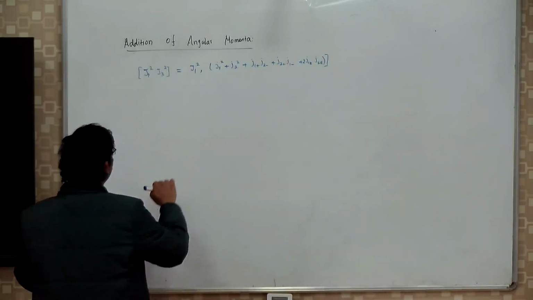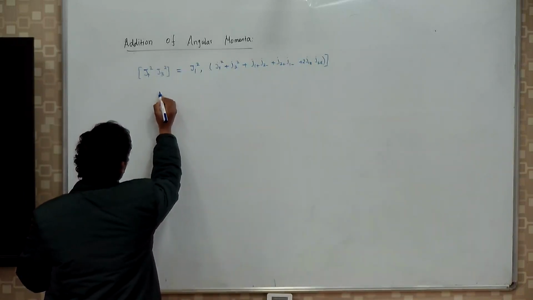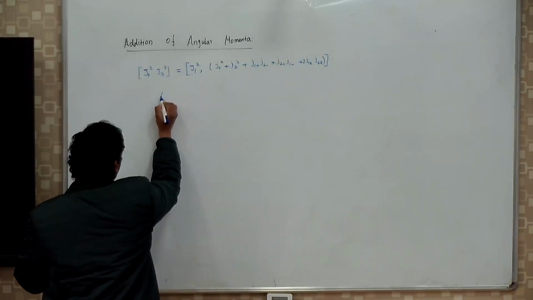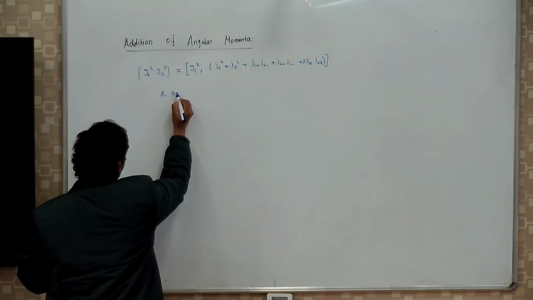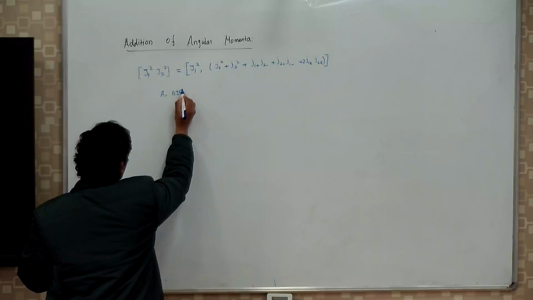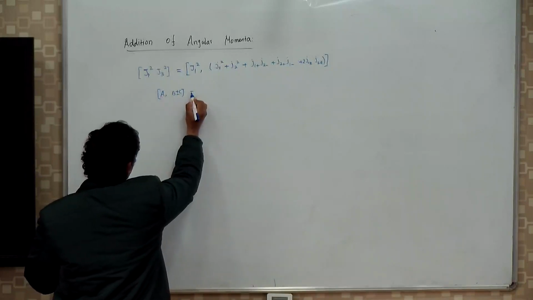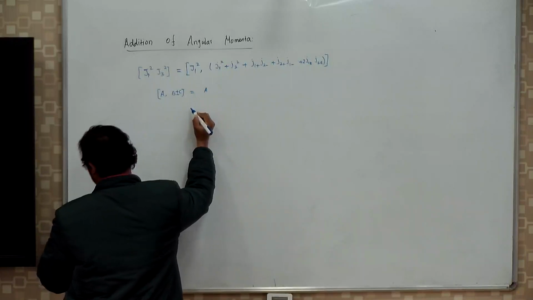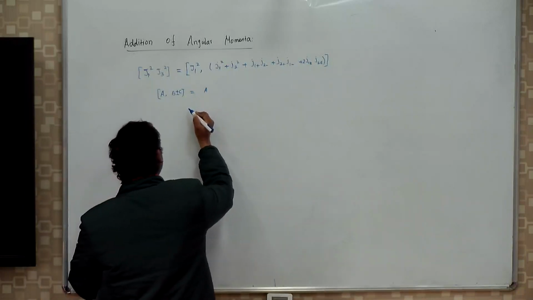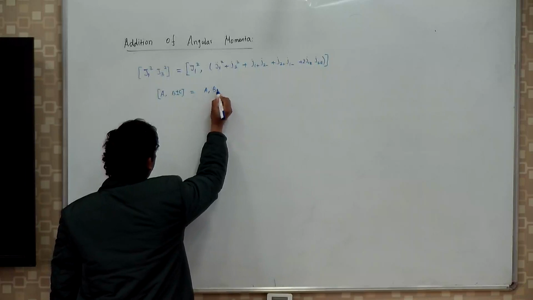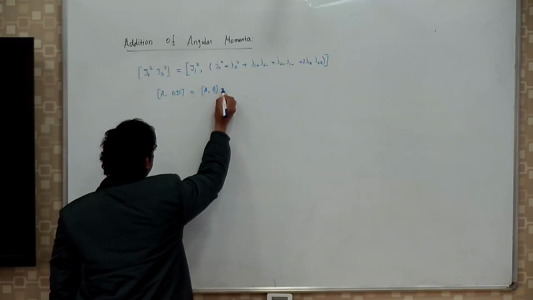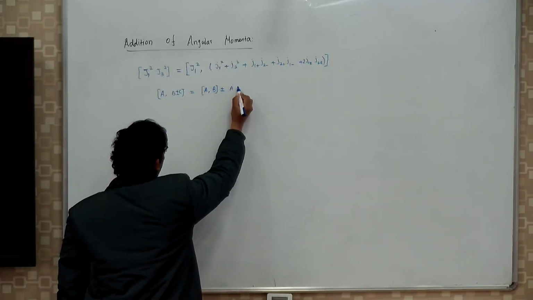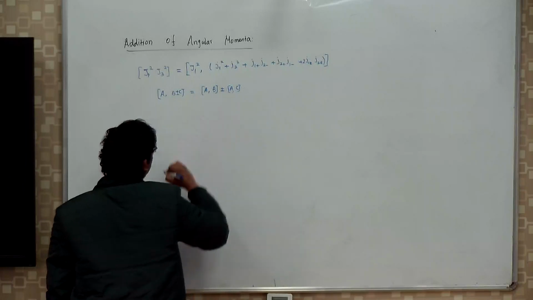By using a commutator identity, for example, A comma B plus C, the answer is nothing but A commute with B plus or minus A commute with C. This is the identity.